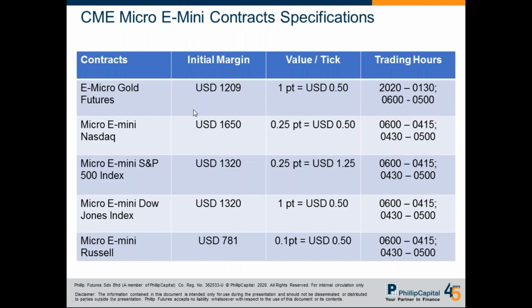The margin required to trade these US indexes is around 1,000 to 2,000 USD. Previously, to trade US indexes you needed at least a 5-digit initial margin just to start. Today you can start with just 4 digits, and the trading hours are almost 24 hours, which means if you are working in the morning, you are still available to trade at night.